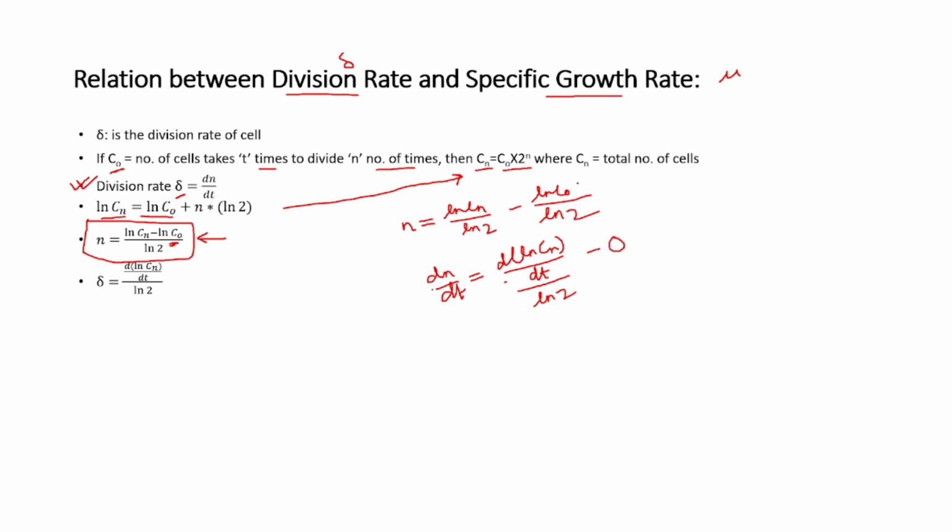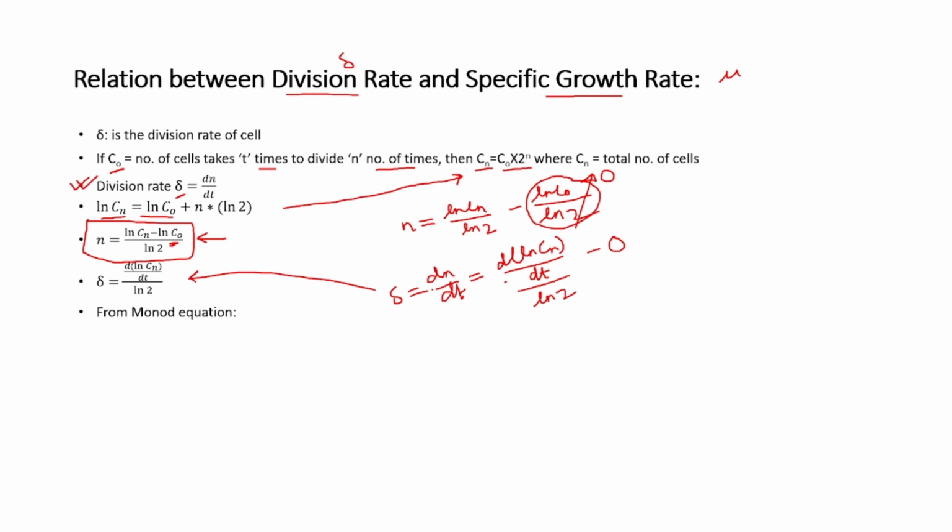C0 is constant because the initial number of cells is constant, and ln 2 is again constant, so this part will be 0. So now this is actually the delta. So you get this expression: delta is equal to d of ln Cn by dt, whole divided by ln 2.